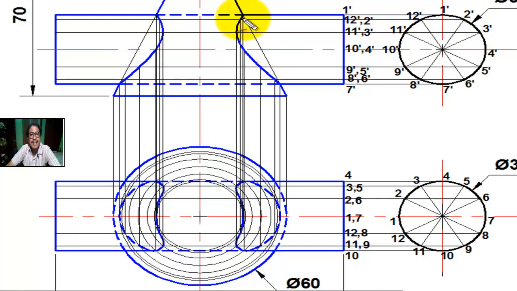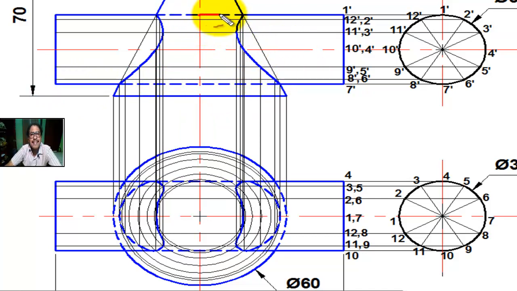From 2 and 12, from 3 dash and 11 dash, from 4 dash and 10 dash, from 5 dash and 9 dash, from 6 dash and 8 dash, and from 7 dash we draw horizontal projection lines. This is the central line.